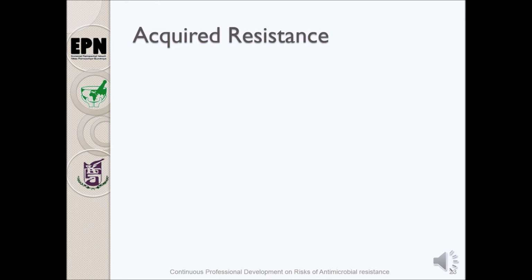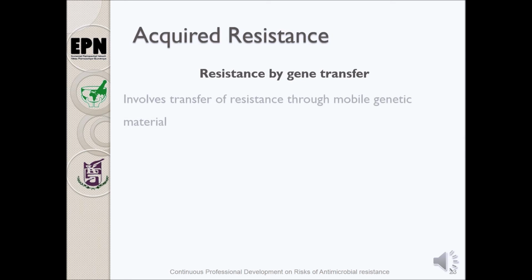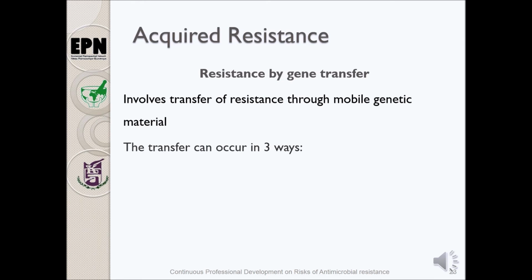The next level of resistance is acquired resistance. And this can happen in different ways, and normally would occur by gene transfer. And this involves the transfer of resistance through mobile genetic material.